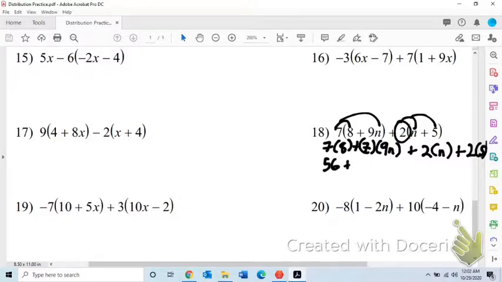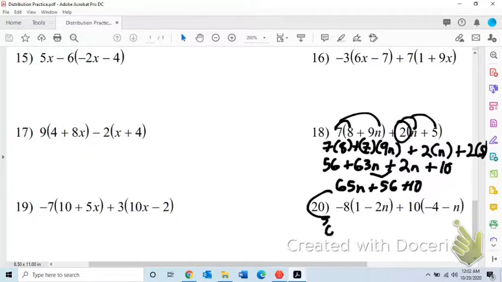We then do the multiplication. 7 times 8 is 56. 7 times 9n is 63n. 2 times n is 2n. And 2 times 5 is 10. So 63n plus 2n is 65n. And then we have plus 56 plus 10. We combine those and we get 65n plus 66.